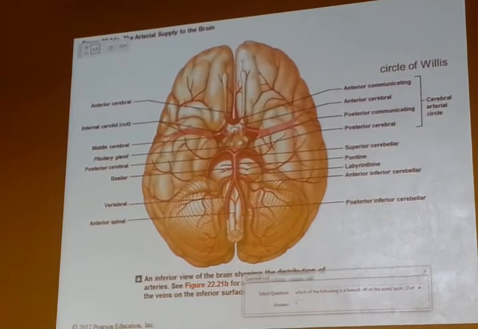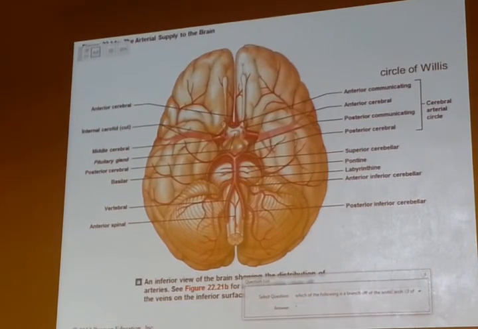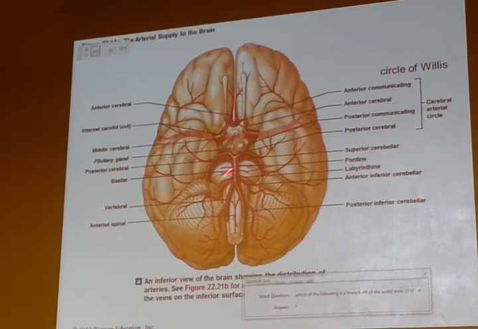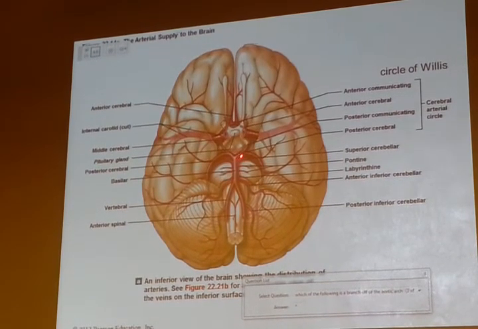The vertebral arteries are entering, coming through the transverse foramen. They enter the foramen magnum and join together to form the basilar artery, and that will give off posterior cerebellar and then pontine arteries, and then you have the posterior cerebral coming off before it gives off these little branches that are going to join up with the internal carotid.